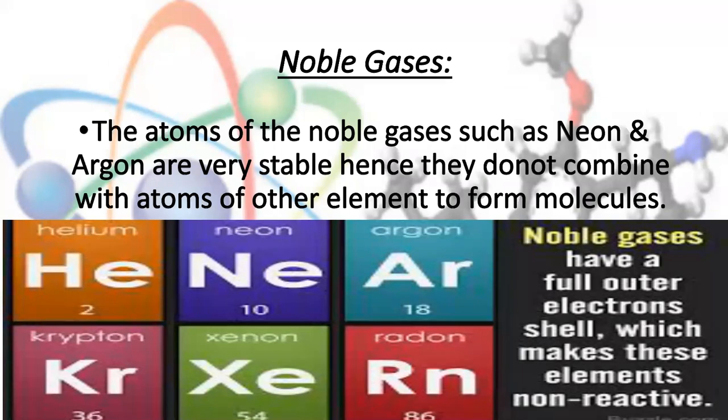As I told you, the electrons revolve in different kinds of shells. Each shell has its own capacity to keep a number of electrons in it.